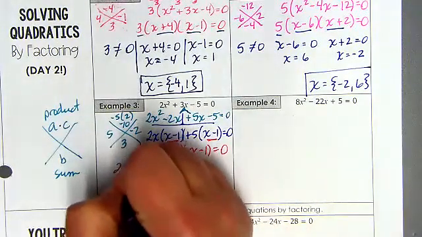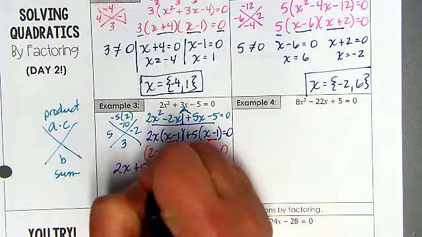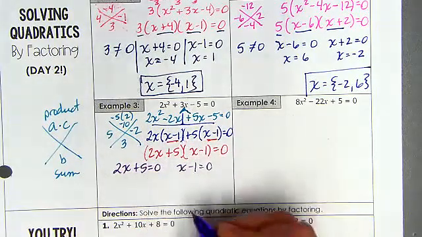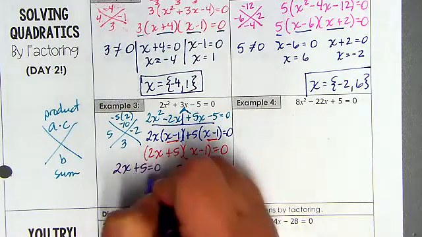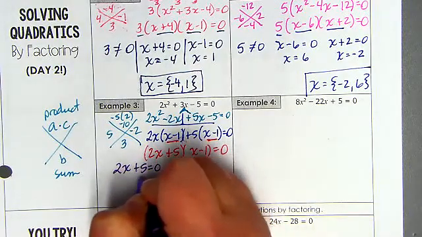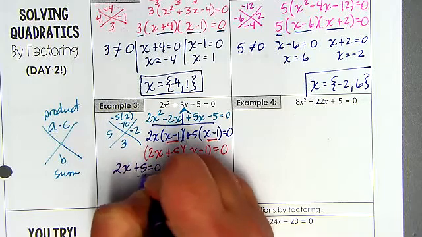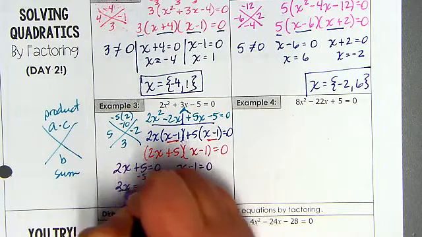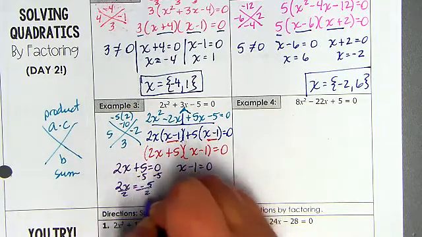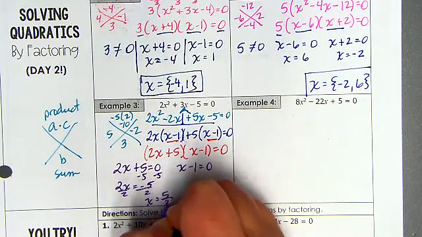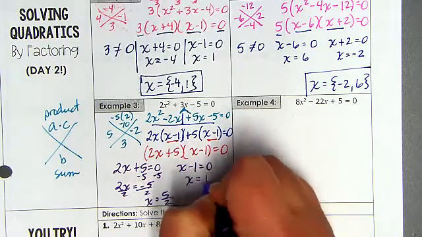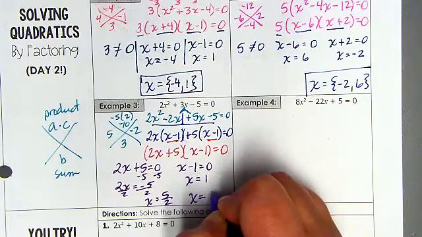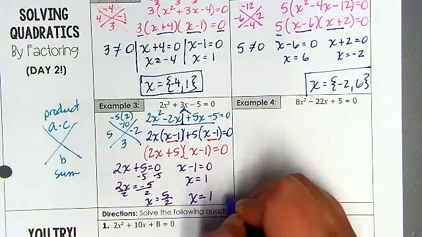And now we set each factor equal to 0. 2x plus 5 equals 0. X minus 1 equals 0. And now we solve each one. I'm going to subtract 5. 2x equals negative 5. Divide by 2. And x equals negative 5 halves. X equals 1. So my final answer is x equals 1.